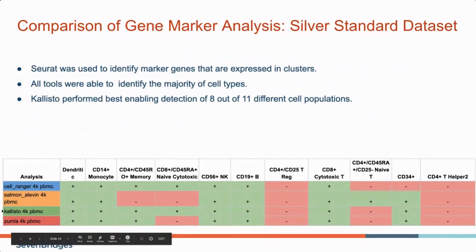On the table below, you can see that plus sign means that cell type was identified. And we observed that no tool was able to identify all cell types that exist in dataset. But nevertheless, Callisto was able to identify one more than the others.